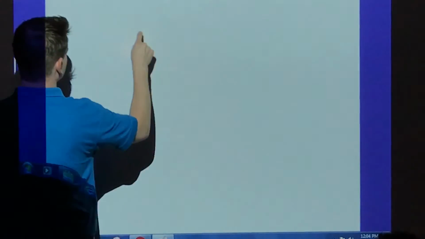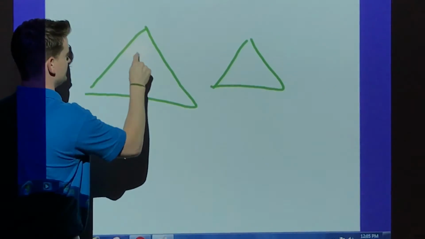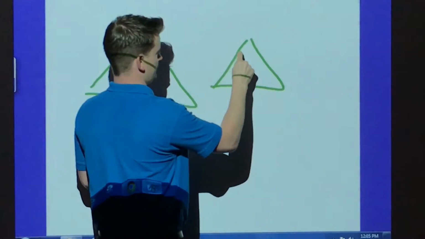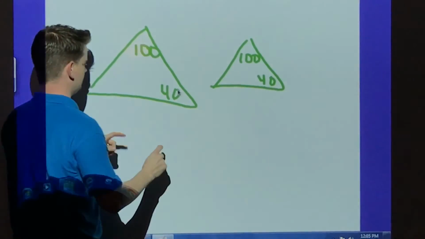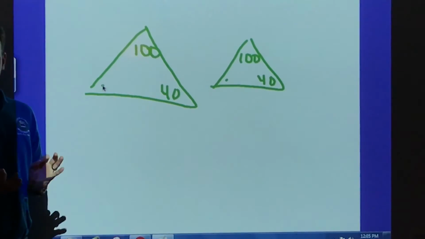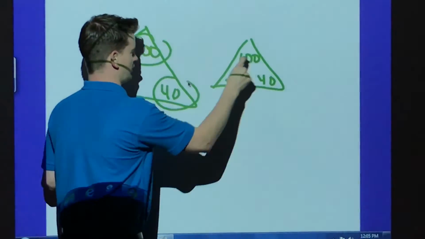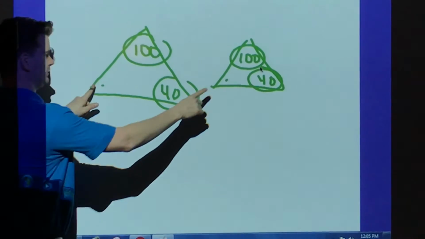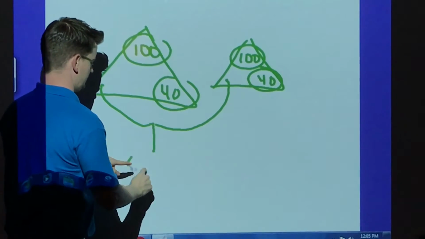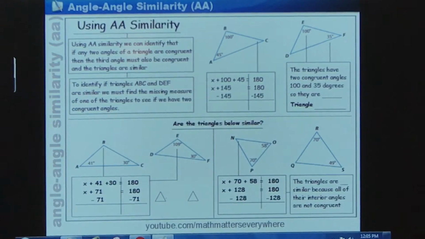If I have two triangles, and let's say that this is 100, and this is 100, and this is 40, and this is 40, these two angles can only be one measure, right? Yes. They have to be 40. So that means if you know two angles of a triangle are congruent, the third one has to be the same, because they always have to equal 180.